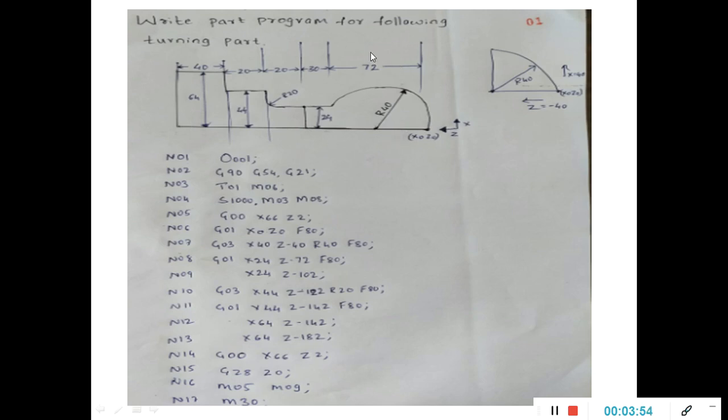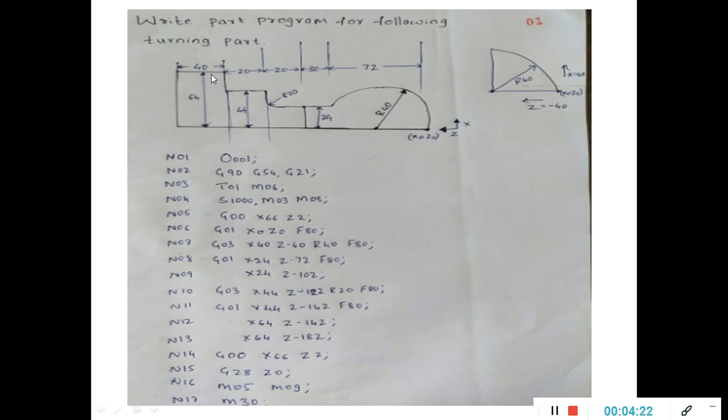Now this work part has dimensions like this. See here, this is radius 40, so up to here it is radius 40, this distance is 72, this height is 24, and up to here it is 30. From here to here it is radius 20, then this height is 44, and this distance is 20, and this height is 64, and this distance is 40.